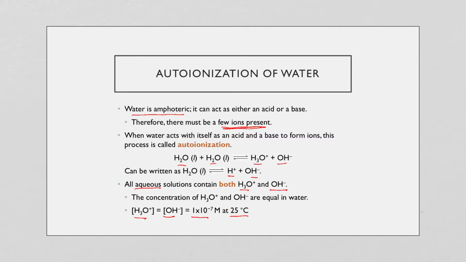This will vary a little bit, but we're going to assume this value. Okay, so first key idea is that in pure water, nothing in it, we would have hydronium and hydroxide both equal to 1 times 10 to the minus 7 in terms of their concentration. And this is due, again, to the autoionization. There's always a little bit of these ions present.